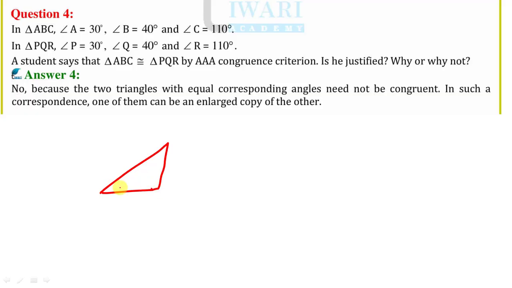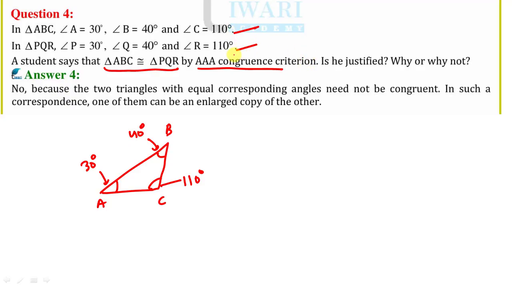This is your A, this is your B, this is your C. The first angle A is 30 degrees, angle B is 40 degrees, and angle C is 110 degrees. According to the student, the two triangles are congruent by AAA congruency, because the three angles are given equal.